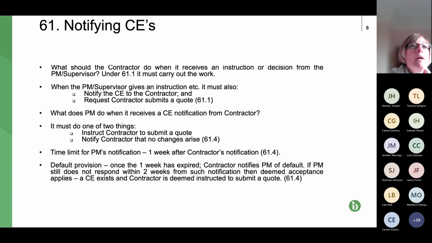The other thing is, if a quote is submitted, the project manager says they're going to make an assessment, and the assessment's made and it's substantially less than the contractor's quote, the contractor's not happy, what does the contractor do about it? Well, pretty much exactly the same.